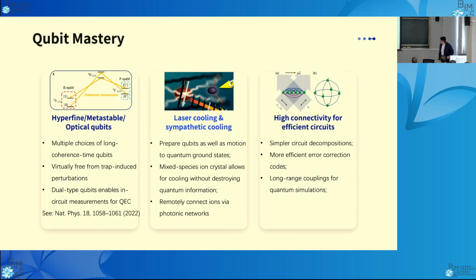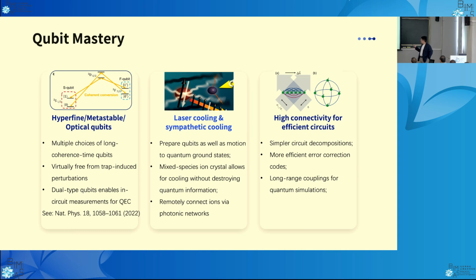Now, there's a lot of toolbox available in this platform. For example, one can encode not only one set of qubits, but multiple qubits, and one can coherently convert between them. And one can laser cool them to, thanks for the question, about a millikelvin, that is 1,000th of a Kelvin above absolute zero temperature.